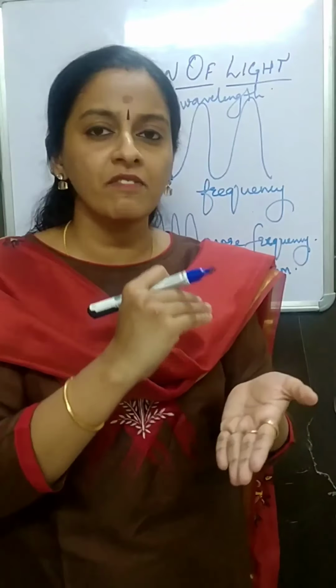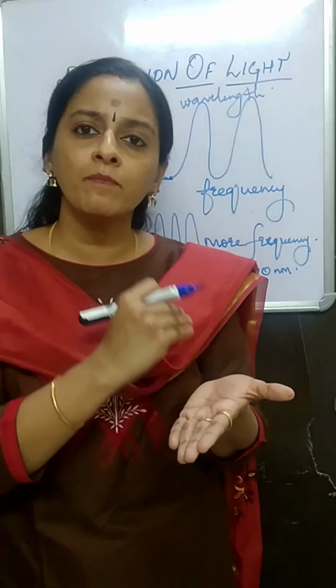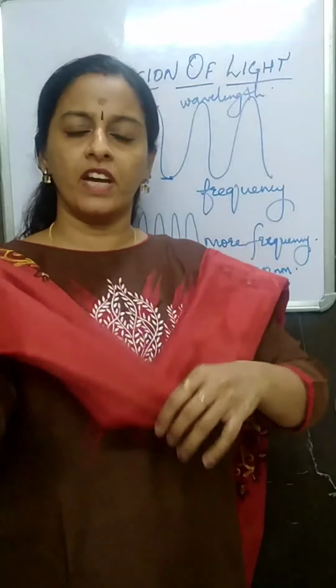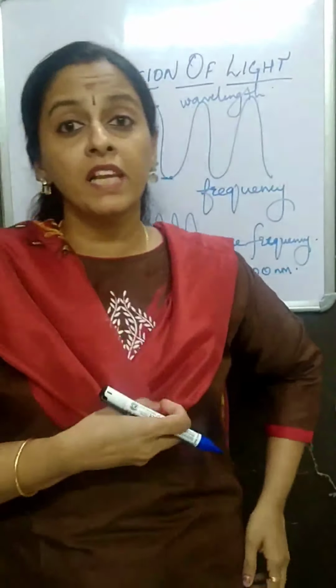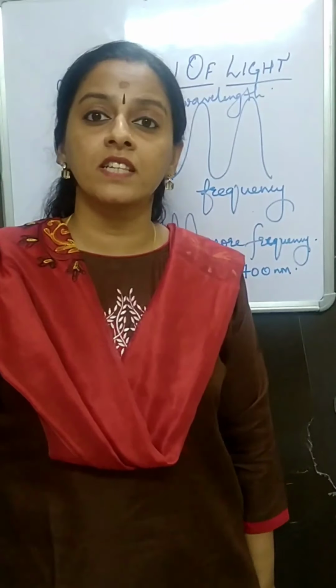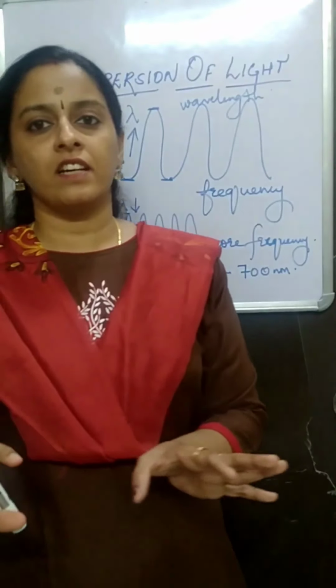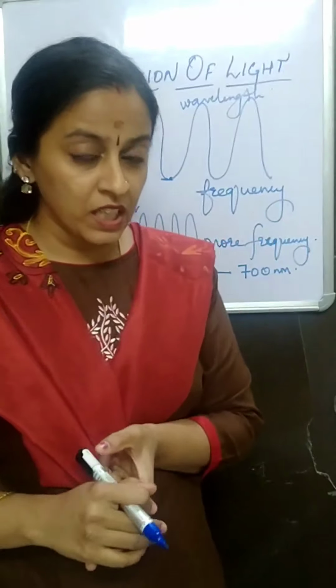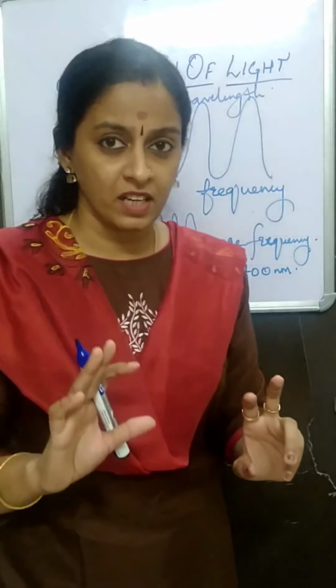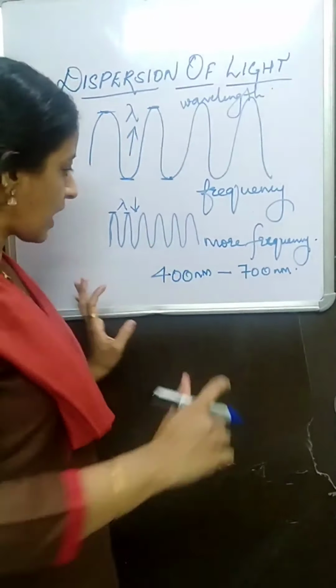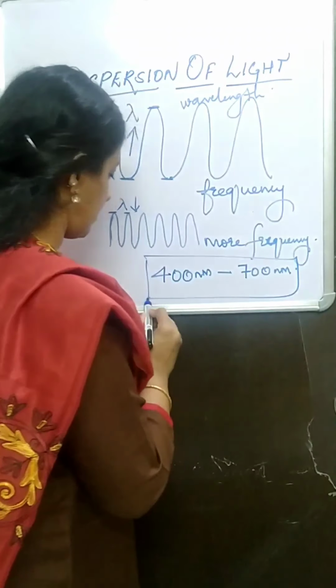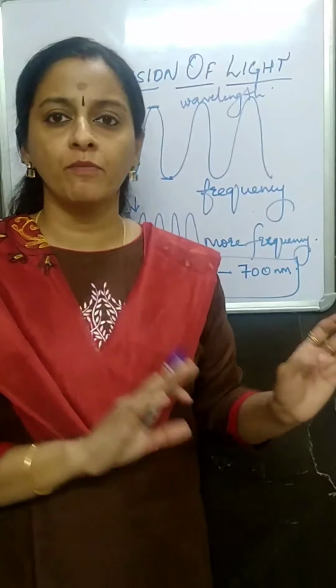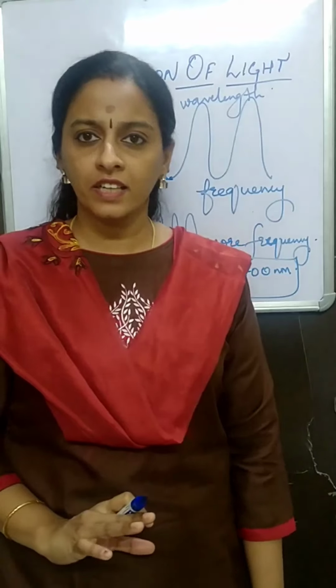For our simplicity, we consider only 7 colors, though there are millions of colors. Those 7 colors come under this range of 400 to 700 nanometers.